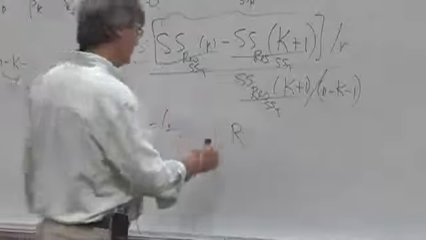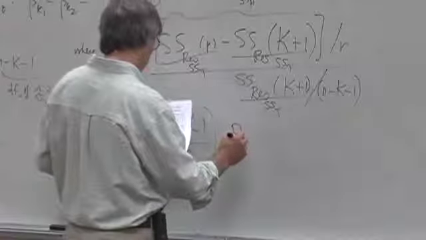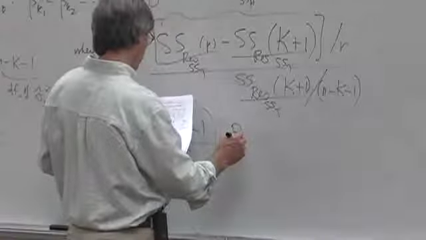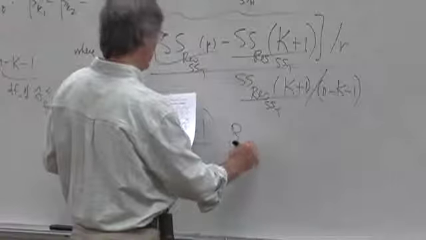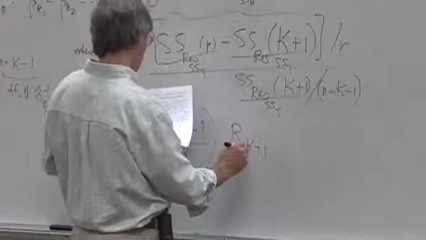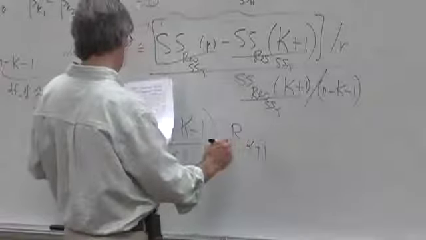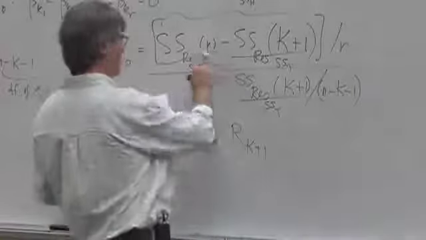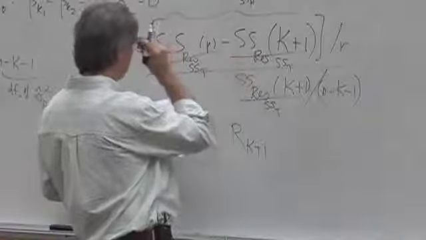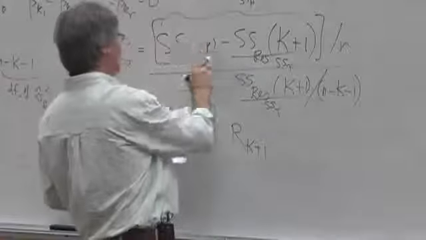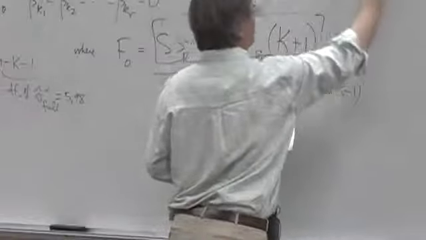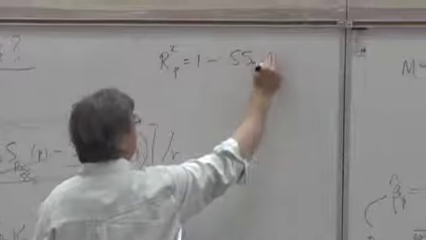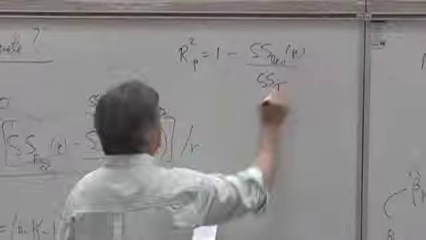So, I think it comes down pretty easily. Let's see. No, I'm sorry. R squared P is 1 minus this. So R squared P is 1 minus SS res P over SST. That's what it is.